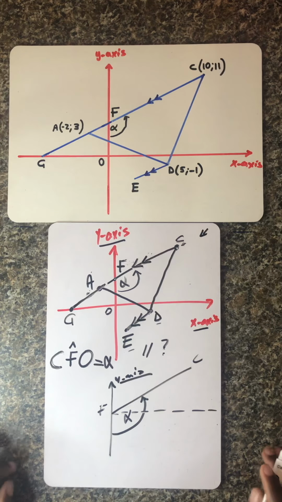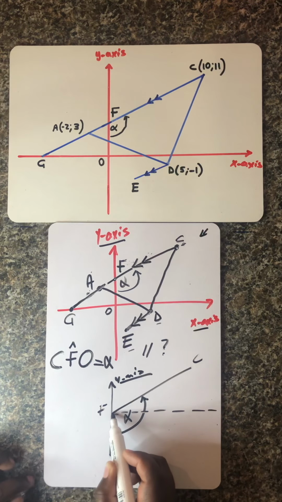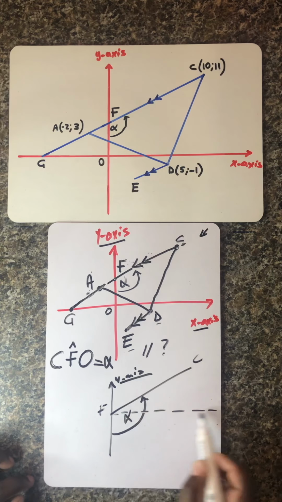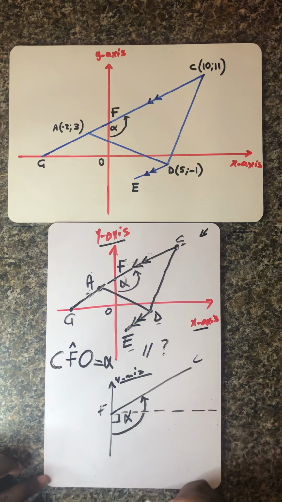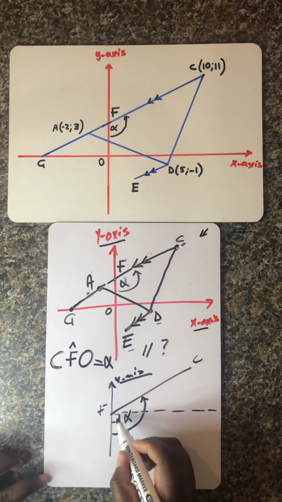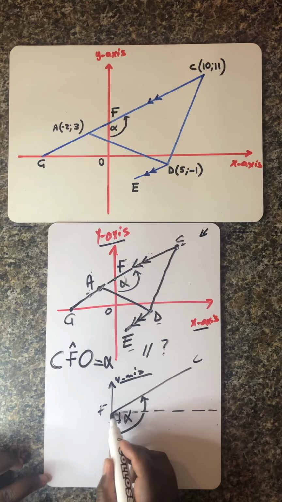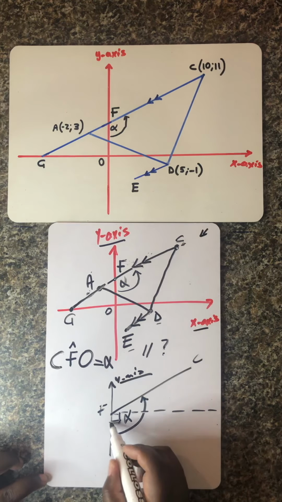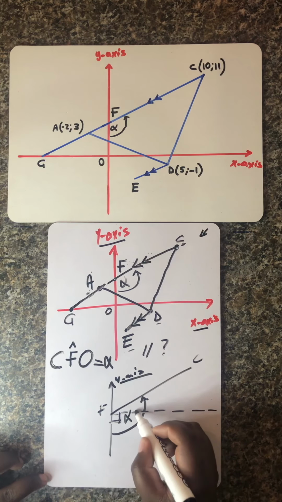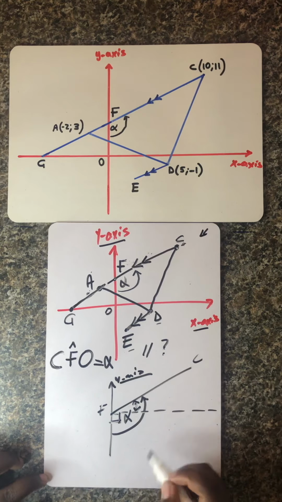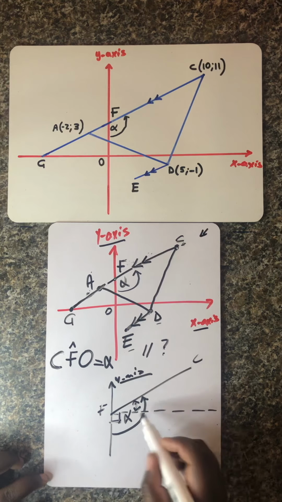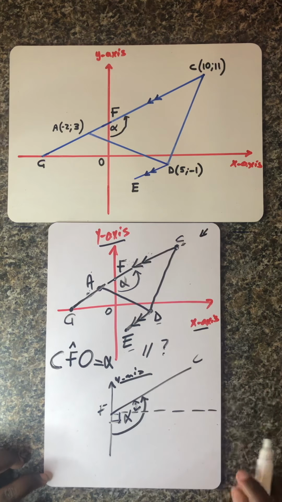Obviously, if we draw a horizontal line from that point, we notice this is 90 degrees. So that means this angle is greater than 90 degrees because we've just drawn a horizontal line there, so we already have a 90 degree angle, and then we still have that angle there between that horizontal line and that line CF.